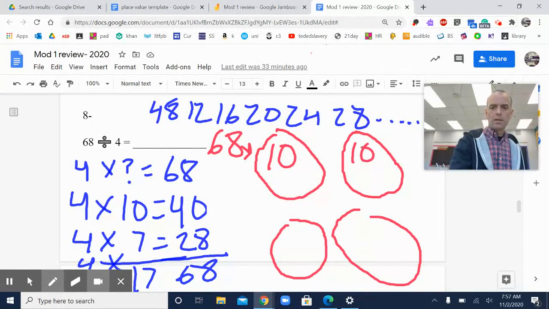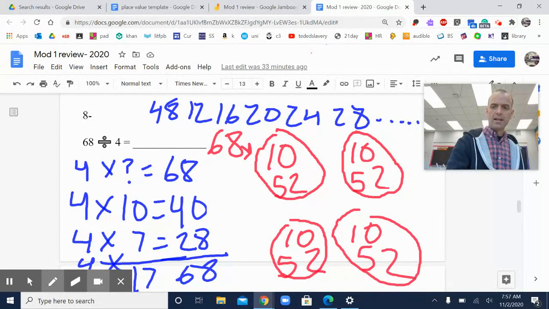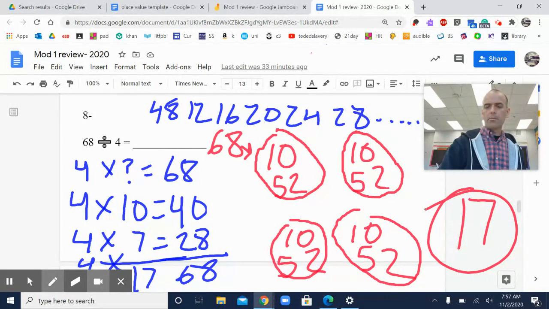So 10, 20, 30, 40. You could put 5, so you go 45, 50, 55, 60. And then you could put 2, 62, 64, 66, 68. You add those all up and there's 17. Any of these ways would work.